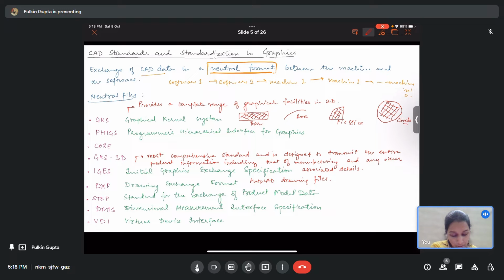It is a format that represents the information necessary to completely define a product throughout its entire life, that is, from the product conception to the end of useful life.